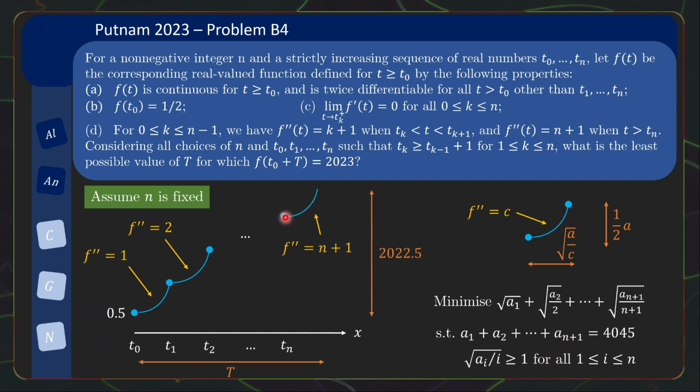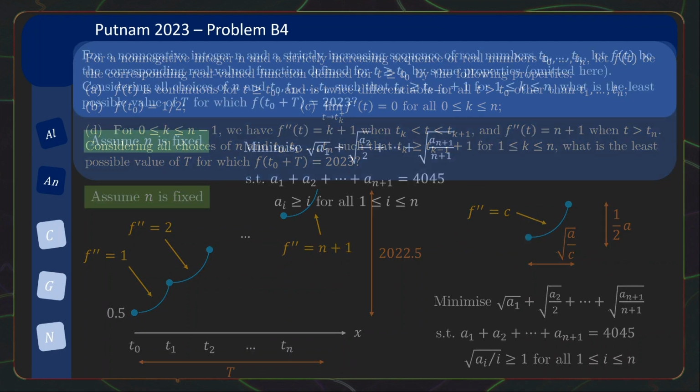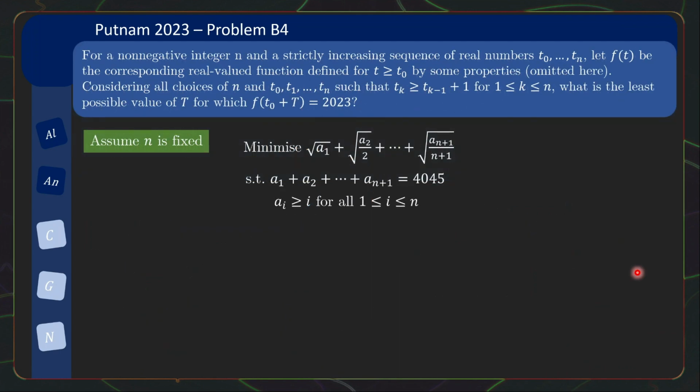There's no restriction on the last piece. Okay, so this problem is now converted to an inequality problem if we assume n is fixed. So if we assume n is fixed, then it becomes just an inequality problem over here that I explained on the previous slide.